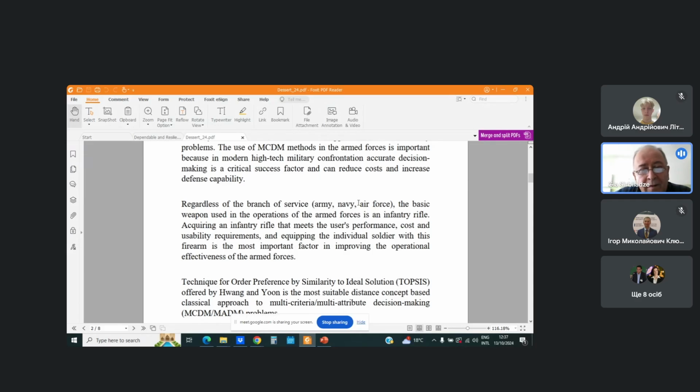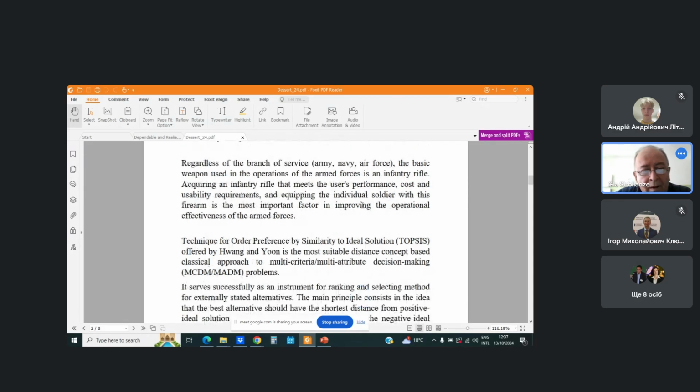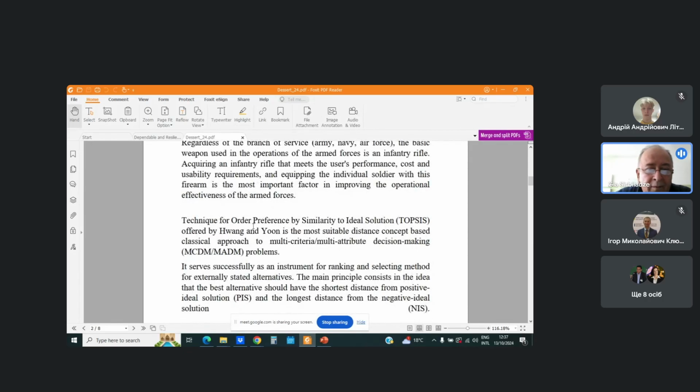We base this model on the so-called Technique for Order Preference by Similarity to Ideal Solution, the TOPSIS method, and this method proved to be very effective, and it is based on the distance concept.